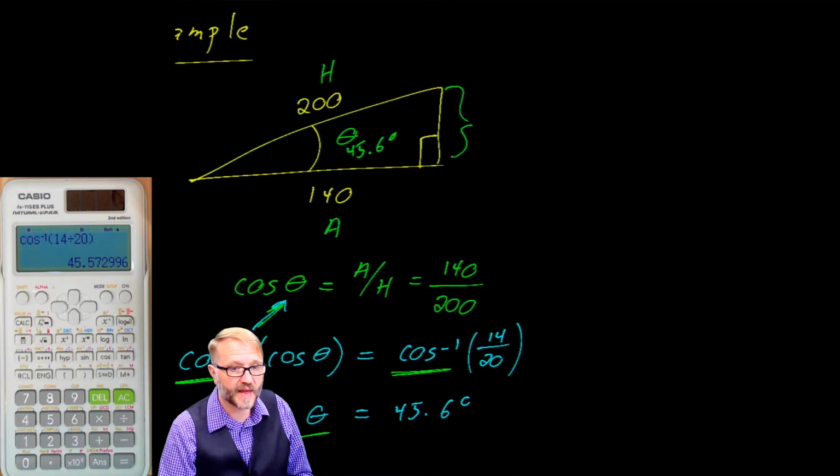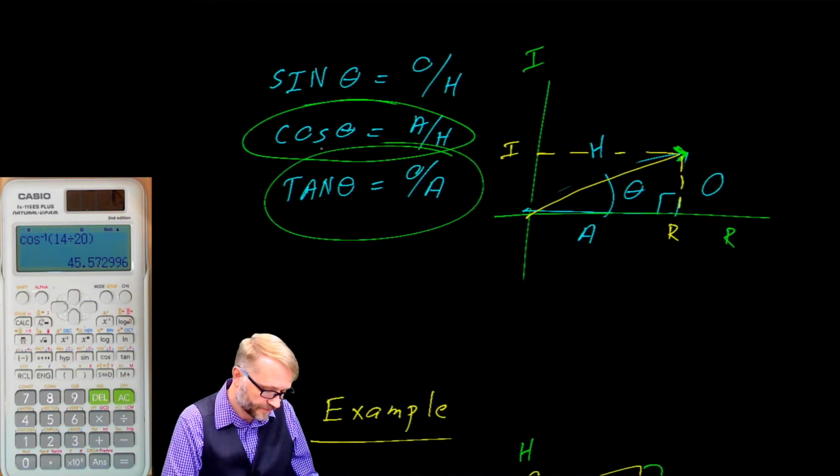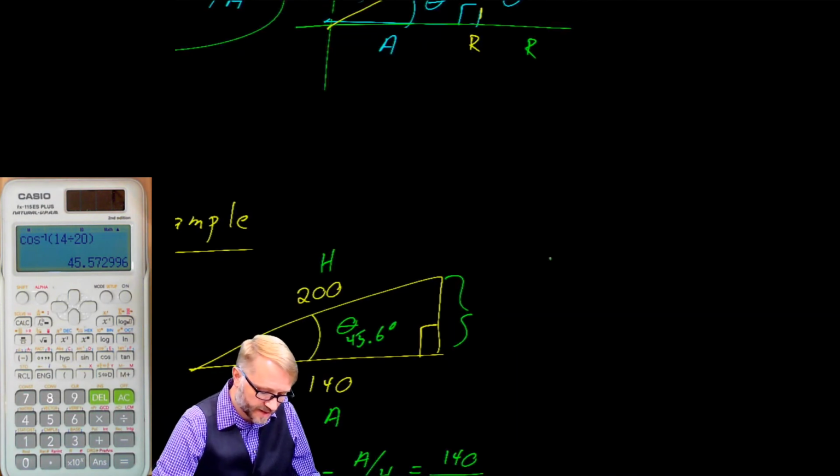You could use Pythagorean theorem, or you could go back and use those trigonometry properties. I think we should use this one. So tangent of theta is opposite over adjacent. So tangent of theta is equal to opposite over adjacent.